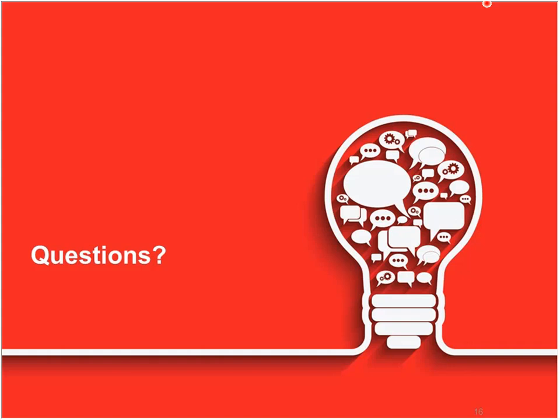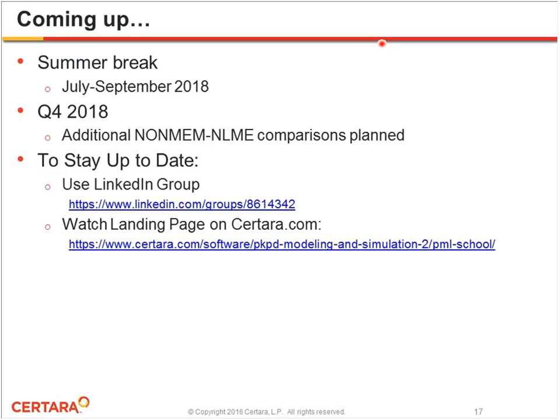Okay, that is all. All right, thanks, Cheryl. Then before I close, just a few words of what is coming up here at PML School. First, we will have a long summer break, as you can see here. We are closing the school from July to September, but we are coming back in fourth quarter with some additional NLME comparisons.